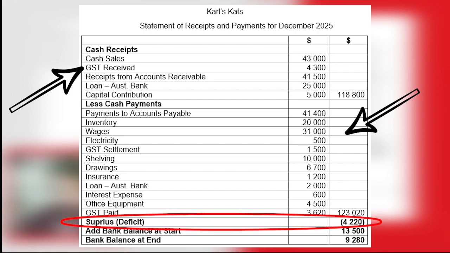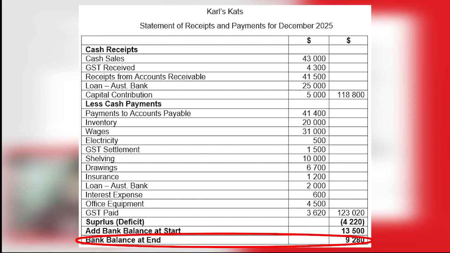We add the bank balance at start, 13,500, and the bank balance at end will be 9,280. Those numbers in bold will stay the same, and I'll show you what I mean in a moment. But looking at these cash receipts, cash payments, we need to make that into a cash flow statement. And you could just pick things out and hope for the best. But let's be a little bit methodical here.